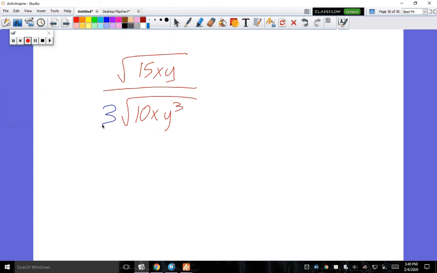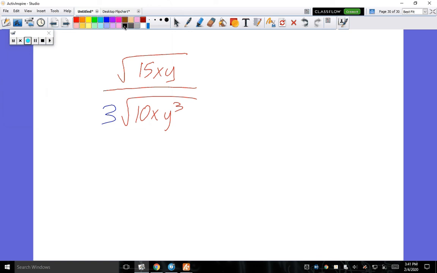It depends on you. It depends on your strengths. I would look at this, and up top I see 3 and 5. On the bottom I see 2 and 5. I could combine it to one huge fraction, but already you're kind of thinking to yourself, man, that's a lot.